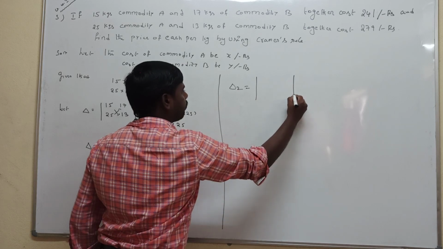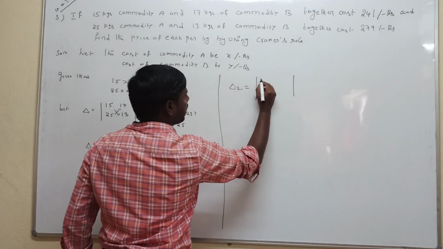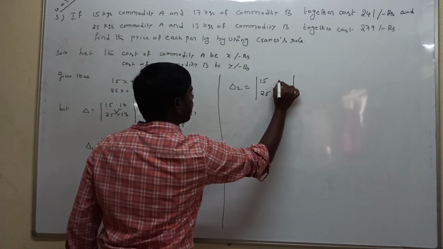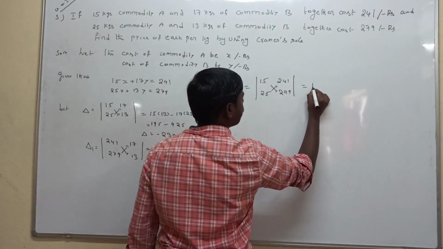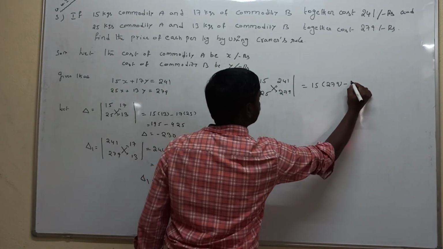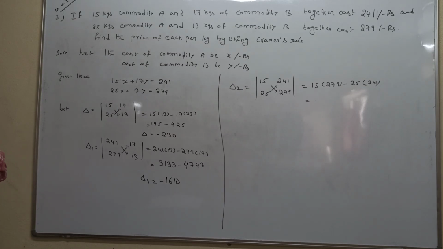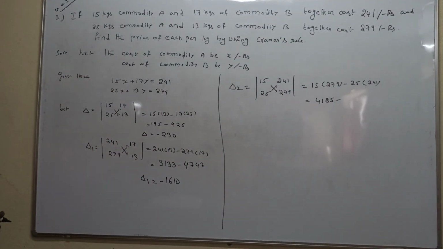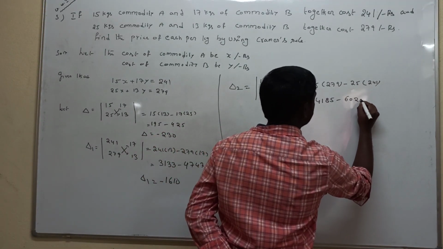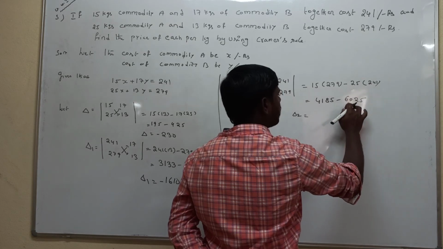Next we calculate delta 2. From delta, the first column remains as it is and the second column is replaced by the constant values C1 and C2, which are 241 and 279. Applying cross multiplication: 15 into 279 minus 25 into 241. 15 into 279 is 4185, and 25 into 241 is 6025.